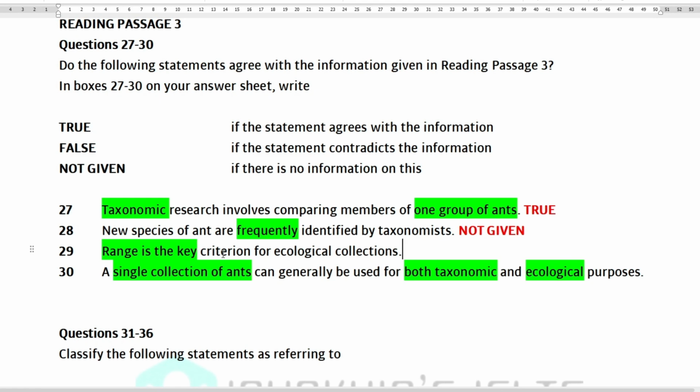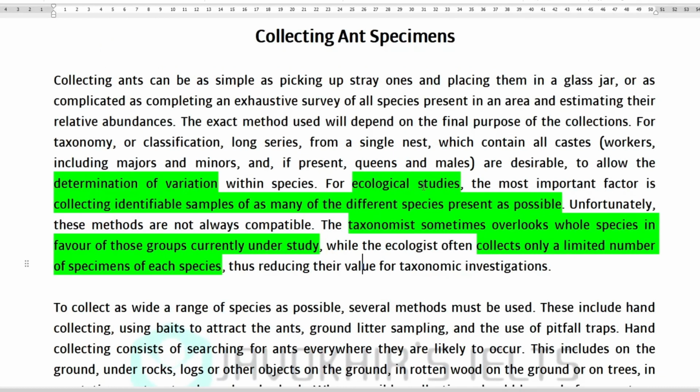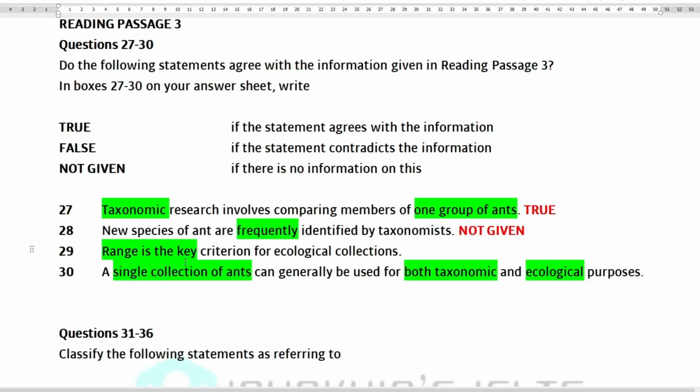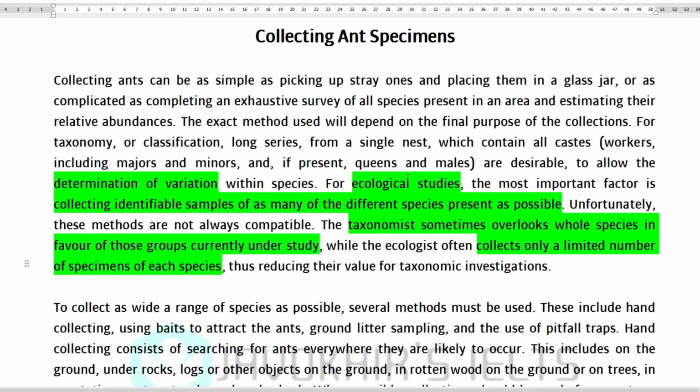Range is the key criterion for ecological collections. Okay, for ecological studies we have range is the key. For ecological studies, the most important factor is collecting identifiable samples. The most important factor is the key, and the range to as many of the different species present as possible.